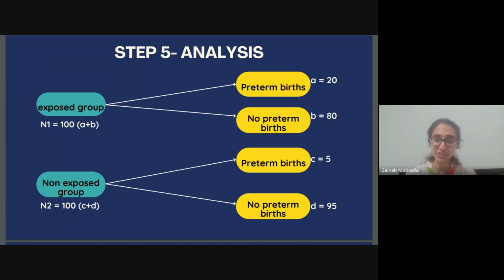So yes, it would be 20 upon 20 plus 80. And then you can multiply it by 100 or not. I see a lot of you have, because whenever we talk about incidence, we multiply it by 1000. But whether we do it or not doesn't matter, because here we're going to take a ratio, so that multiplier is going to cancel out either way.